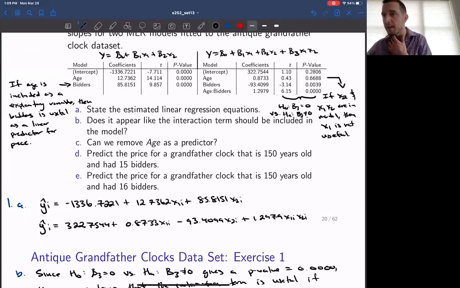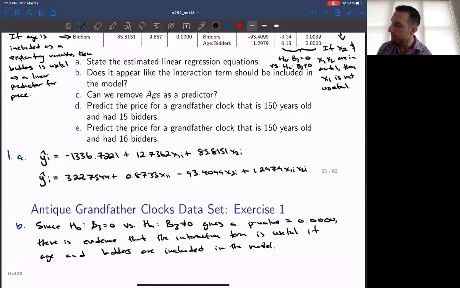Now, the only thing is the test is conditional on the other values being in the model. So the p-value here is equal to 0.